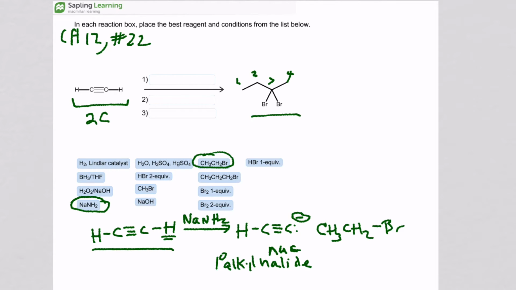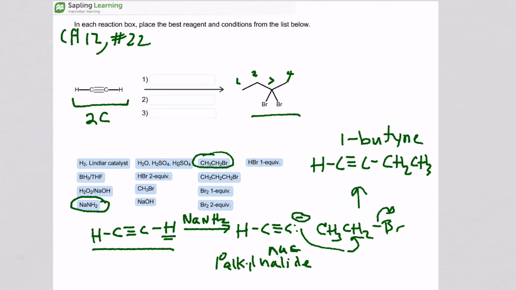I could use iodoethane or chloroethane, it doesn't matter, but that is going to react in an SN2 reaction to give us this molecule, which is 1-butyne.